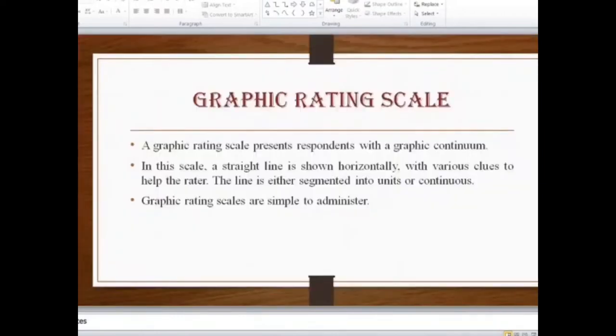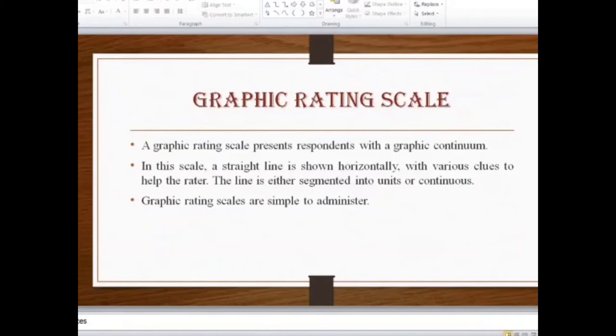And the next one is the graphic rating scale. A graphic rating scale presents respondents with a graphic continuum. That is, in this scale, a straight line is shown horizontally with various clues to help the rater. The line is either segmented into units or it may be continuous.